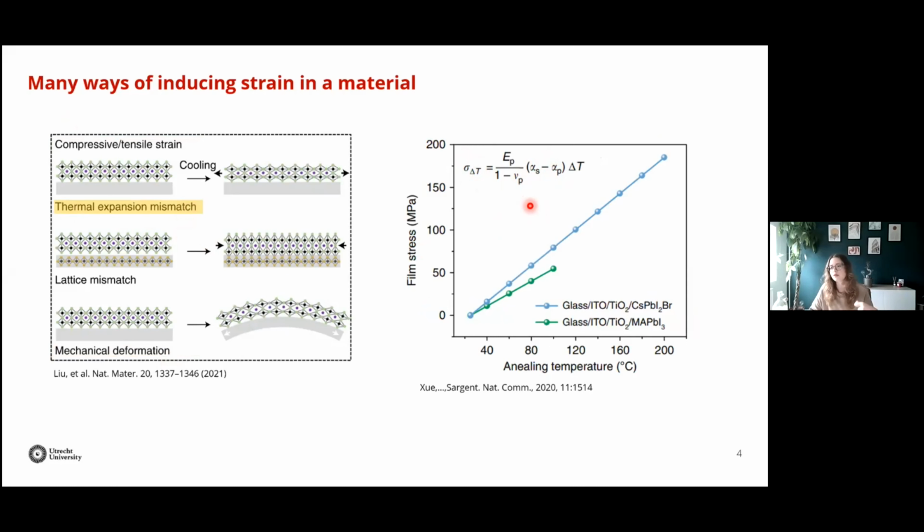And this means that, for example, if you have a material that requires an annealing, for example, the perovskite, and then you cool down to room temperature, so you will have a certain delta T. And then if the thermal expansion coefficient of the perovskite and the substrate is the same, then you get basically no strain. But then if one of the two is higher than the other, then you have some stress in the film, so during the film formation.